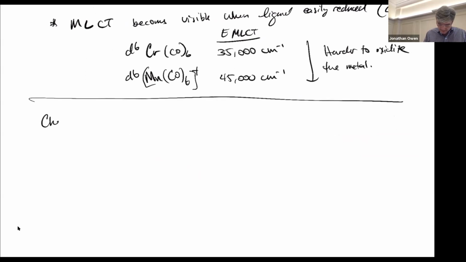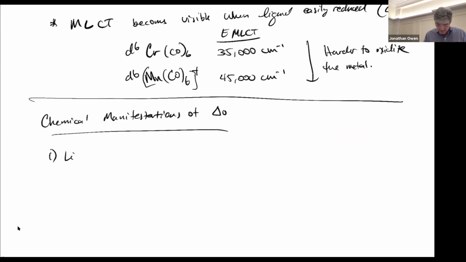Let's take a look at some chemical manifestations of delta O. One of them is ligand substitution. So for example, imagine you have an iron 2 hexaaqua ion.